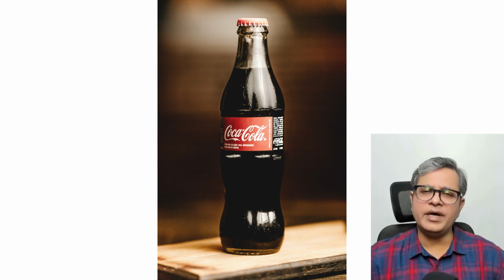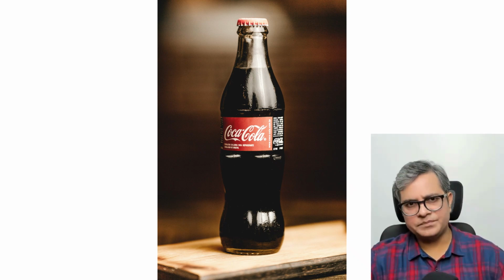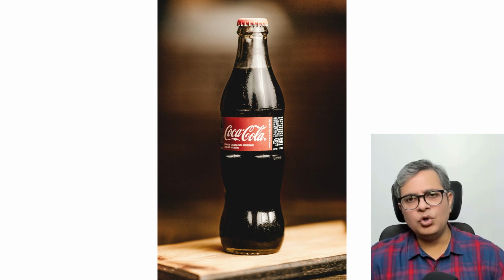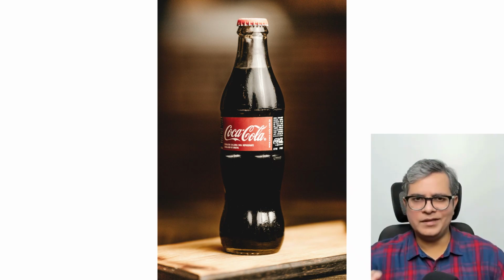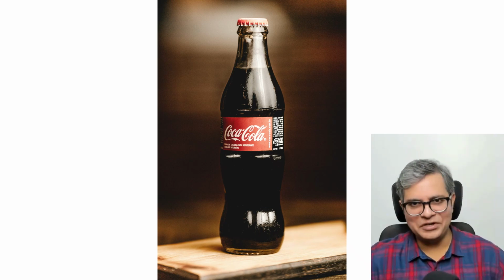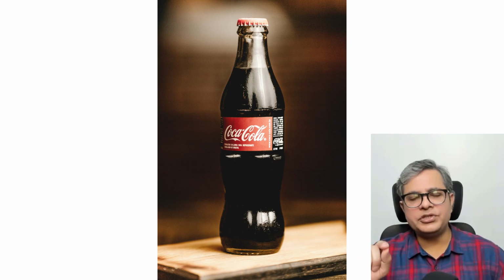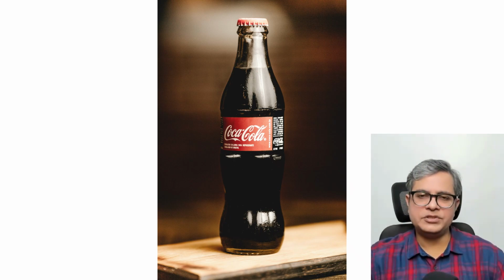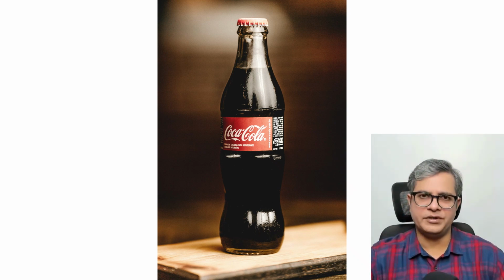Now comes the word ethnocentrism. Ethnocentrism means looking at something from our own perspective. This is something we generally do in our general life. Cultural relativism is something like the opposite of ethnocentrism.